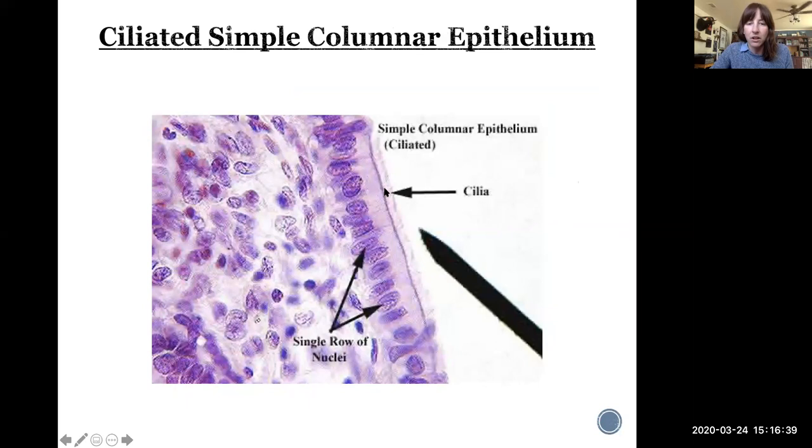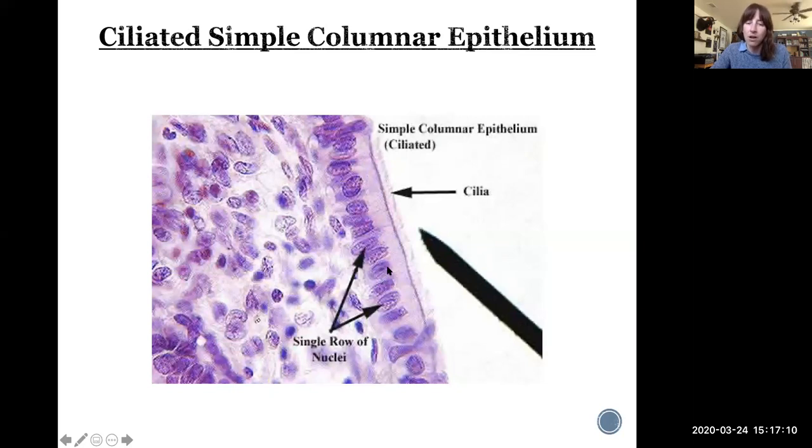So we've got columnar epithelium here, where the apical surface is touched by all of the cells, and the basal surface is touched by all the cells. That's how you know that it's simple, right? It's a single layer. They are columnar. You have a single row of nuclei. That's also how you know it's simple. They are columnar, so the nuclei can be oval shaped.